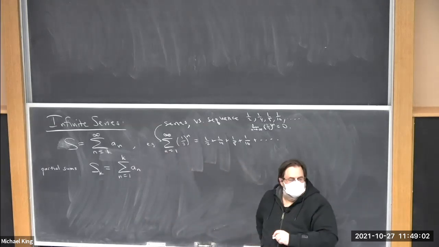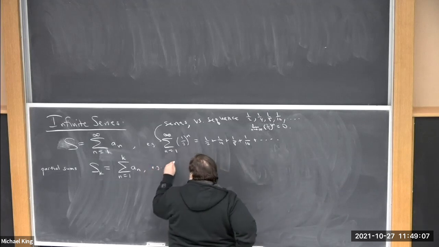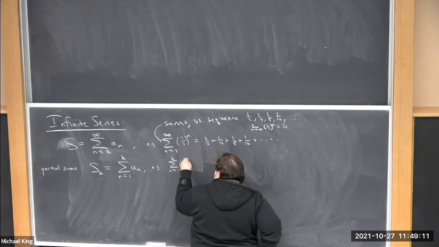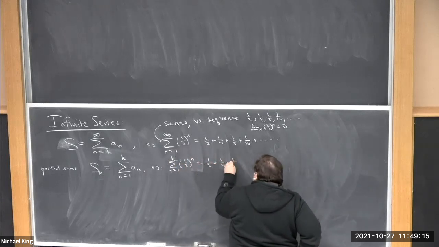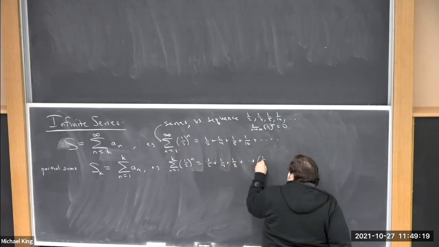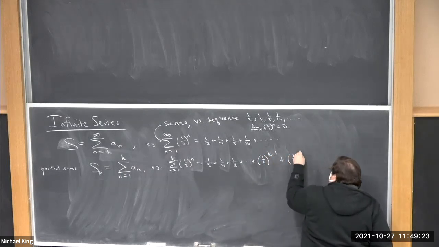For example, here we could have the sum from 1 to k of a half to the n. That's a half plus a quarter plus an eighth, but instead of the dot dot dot forever, we have dot dot dot plus a half to the k minus 1 and then a half to the k.